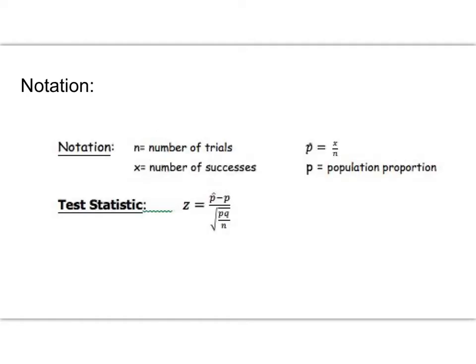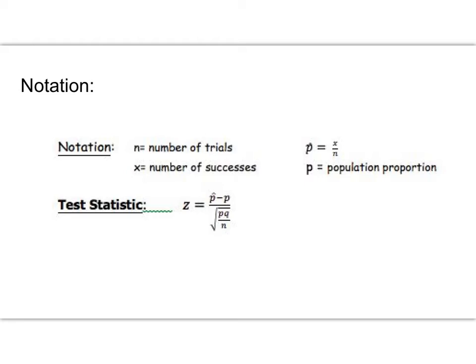So let's get started. The notation is, n again is our number of trials. That hasn't changed. x is our number of successes. That hasn't changed. And p hat is our proportion estimate, the number of successes over the number of trials. And p is our population proportion. That's what we're hoping to find.